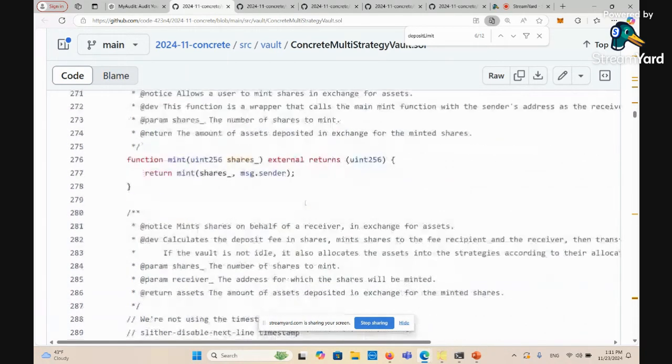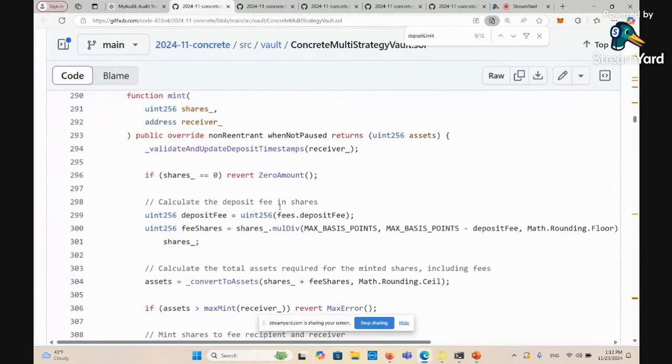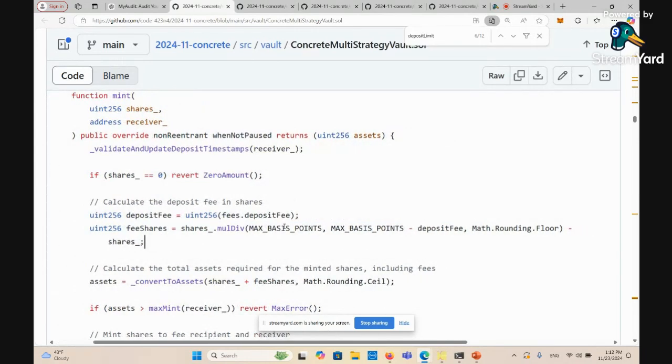So that's for the deposit. Let's look at mint. It's similar. Mint is actually also deposit, just instead of using the asset as argument, using shares. So you have to check in terms of deposit fee. The formula is a little more sophisticated than the original one, but if you work out the math, you should agree that this will give you the shares you need to burn.